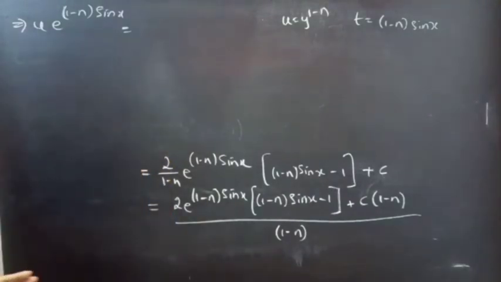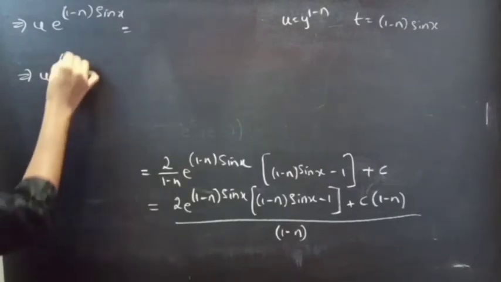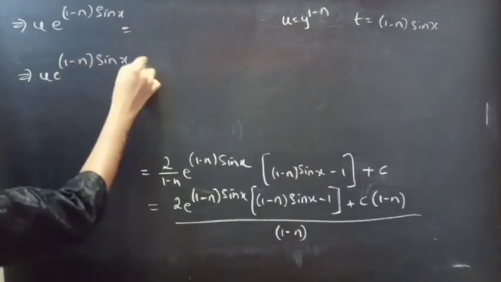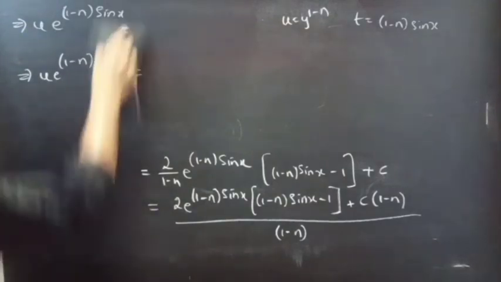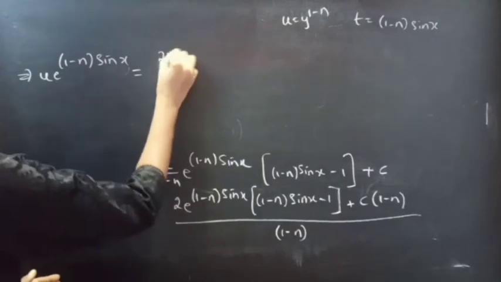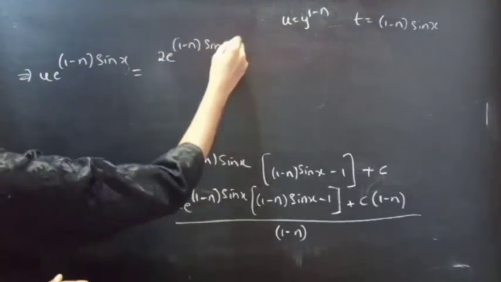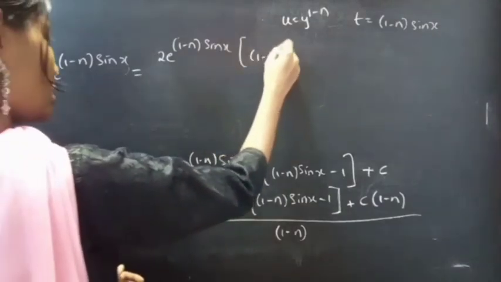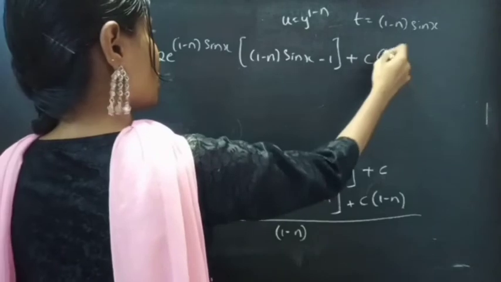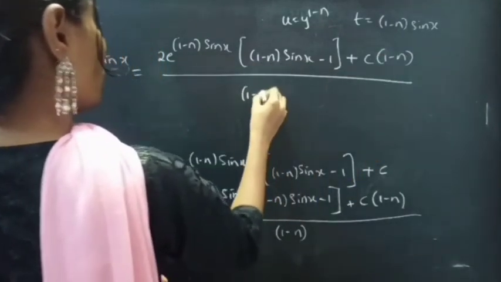Okay. Then u into e power 1 minus n into sine x equals 2 e power 1 minus n into sine x into 1 minus n into sine x minus 1 plus c times 1 minus n by 1 minus n.